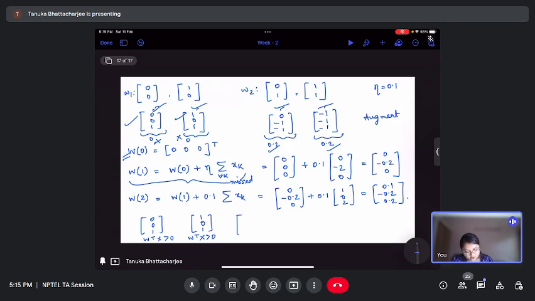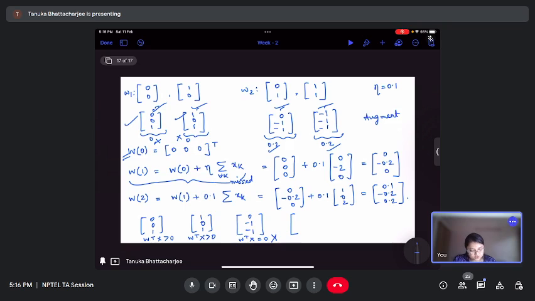Now, if you take from class omega 2, 0 minus 1 minus 1, here W transpose X will be 0.2 minus 0.2, 0. So this is not correctly classified with this W. Earlier iteration it was correctly classified, now after the update it is wrongly classified.